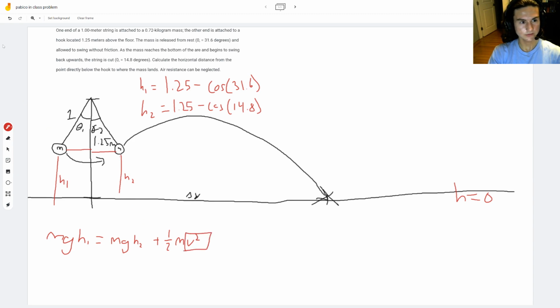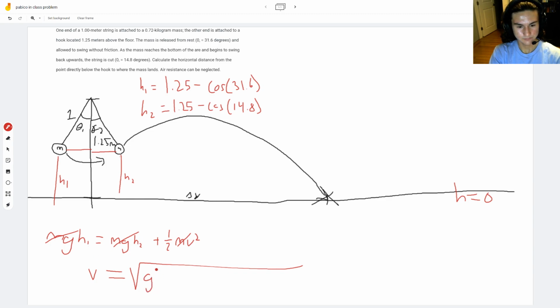So if we notice here, we have masses, and it gives us a mass, but that's actually unimportant to this problem because, as we can see, the masses all cancel. So then we're left with gh1 and gh2. So if we're solving for v, we'll get v equals the square root, after we algebra some stuff, of g times h1.